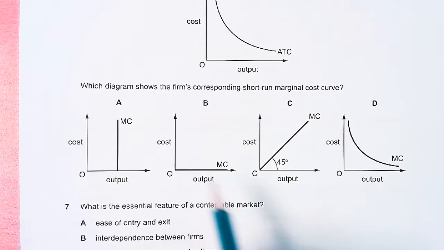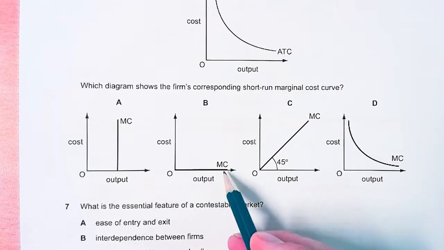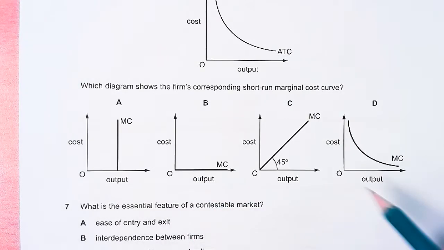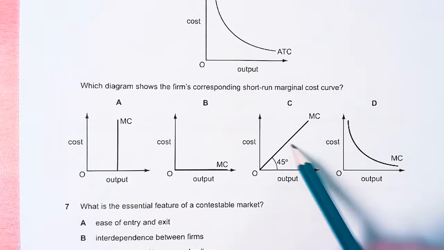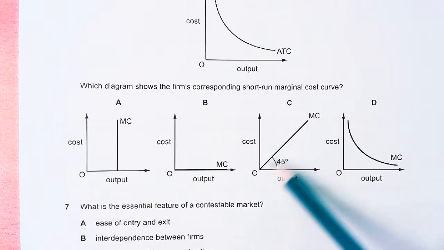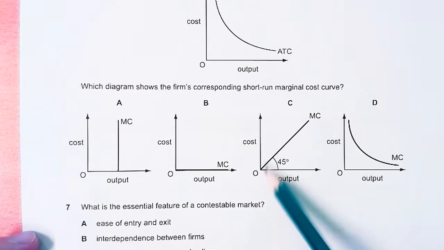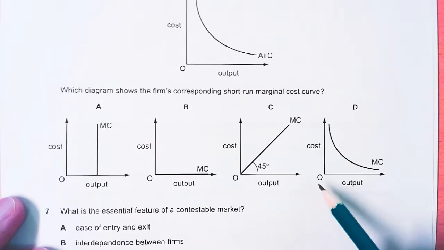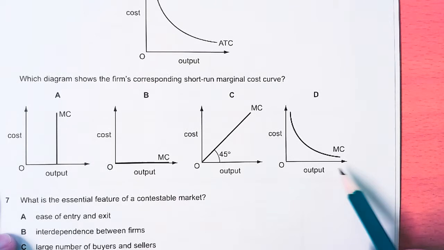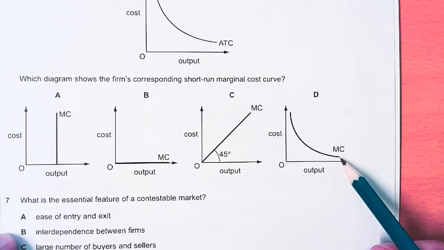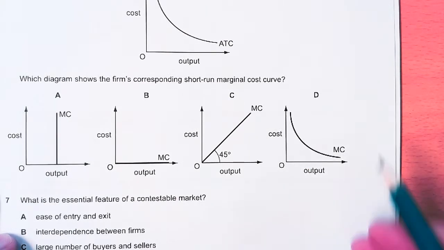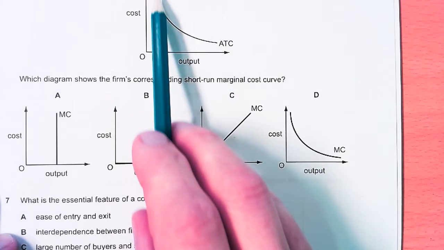So therefore this looks plausible. Let's have a look at the others. Well, this one goes almost straight up, and it just doesn't really make sense with this 45-degree angle. And then of course we've got D, which is slightly more traditional in what you might see, but if you look at the curve shape, then I would certainly go for B there.